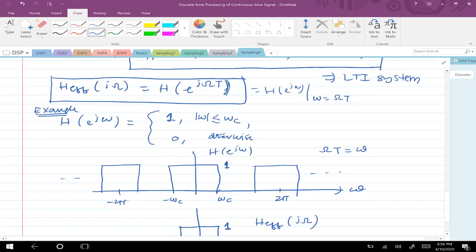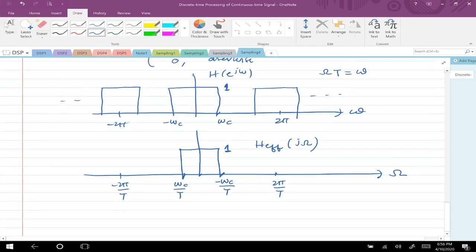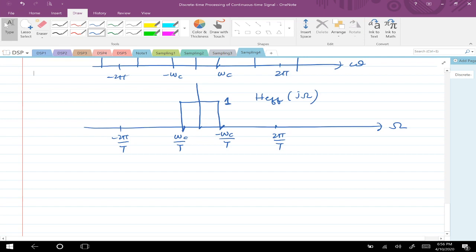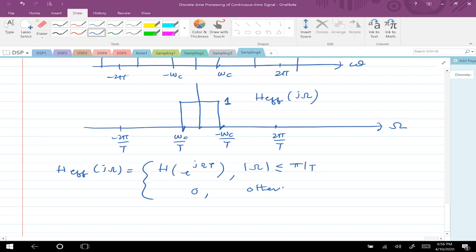But the way they conventionally write it is they slightly modify this relationship. It is usually written as: H effective of j omega is equal to H of e power j omega T only for magnitude of omega less than or equal to pi by T, again assuming there is no aliasing, and 0 otherwise.